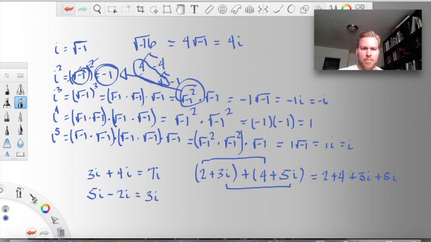Well, I can combine these pieces right here, my 2 and my 4, my real numbers, which would give me 6, and I can combine my 3i and my 5i, which would give me 11i, and that would be my solution for that piece. Okay, hopefully that makes sense, guys. As always, if it doesn't, come grab me. We can go over anything and answer any questions that you guys have.